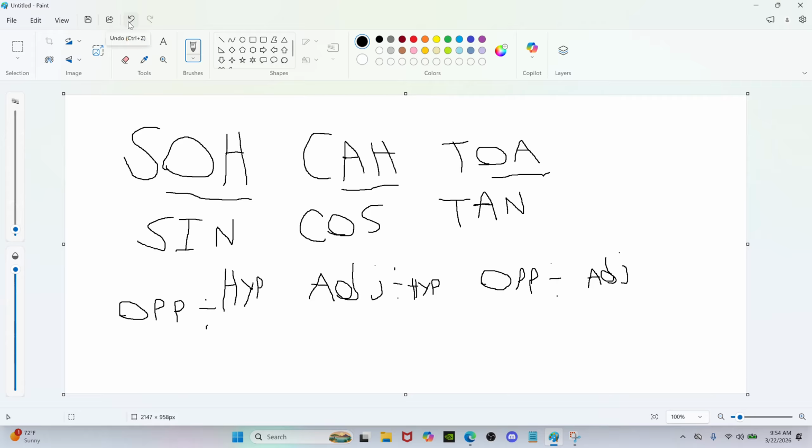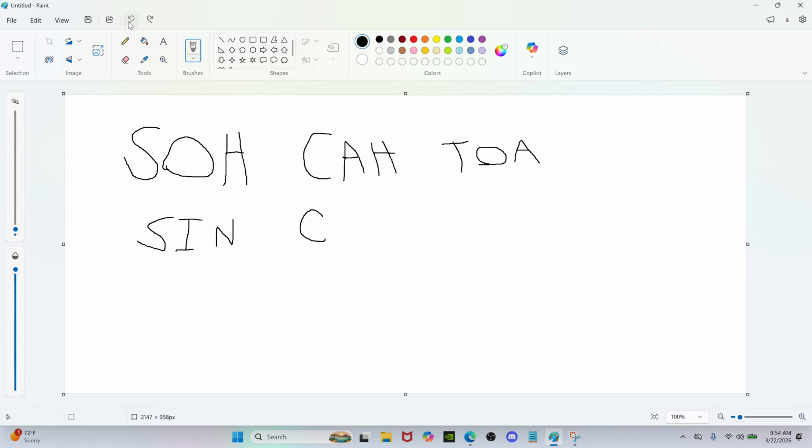And now, I'm going to be showing you how to determine which is the opposite side of a right triangle, the adjacent side, or the hypotenuse. So, let's just say we're drawing a right triangle, and you want to know which side is which. Well, let's say you have an angle right here. So this would be an angle, a little curvature.